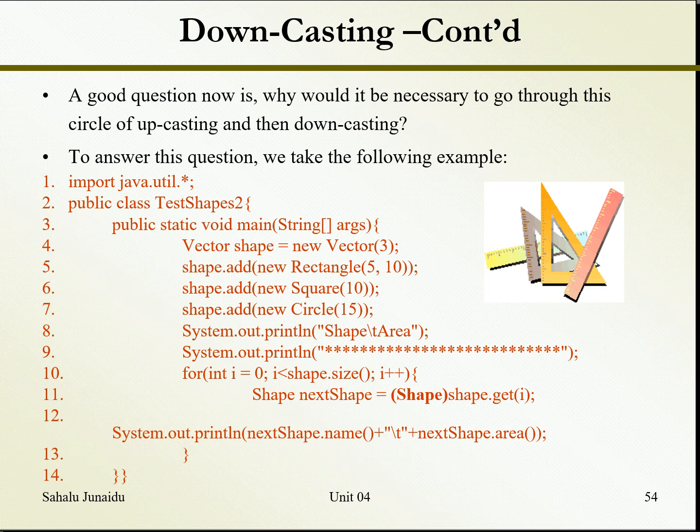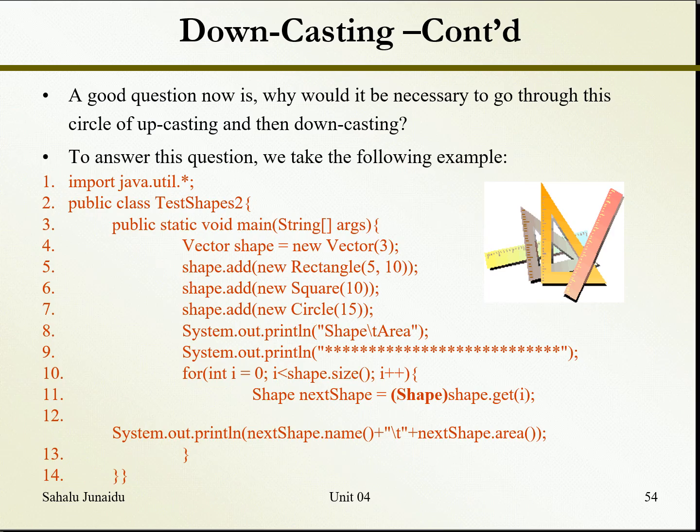So the add method will now add the rectangle, add square, add circle, all in the shape vector. Now, here we print out. Remember that this shape that we are creating, as far as this is concerned, is of type Vector, not of type Shape.